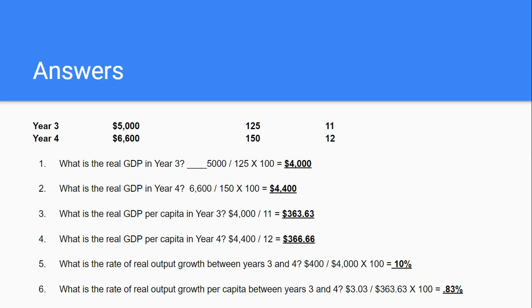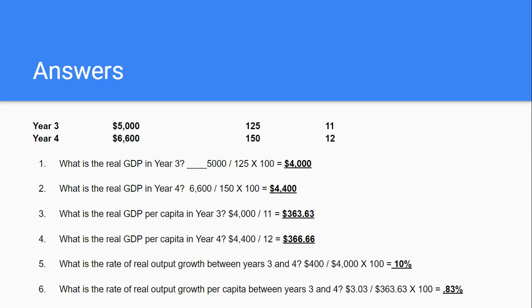And so that means that in the first year, or in this case, year 3, each person in your economy averaged $363 worth of production. In year 4, they averaged $366 worth of production. So we're going to skip ahead to number 6. If you want to see what the increase is per person from year 3 to year 4, you would just use your percentage change formula.